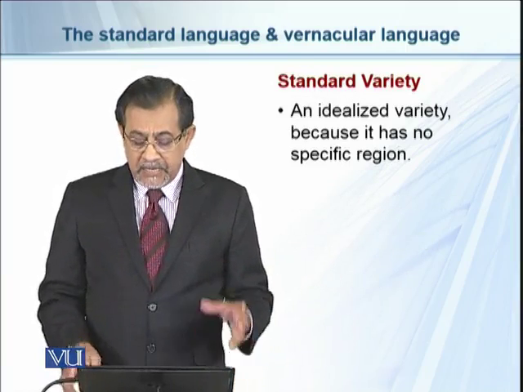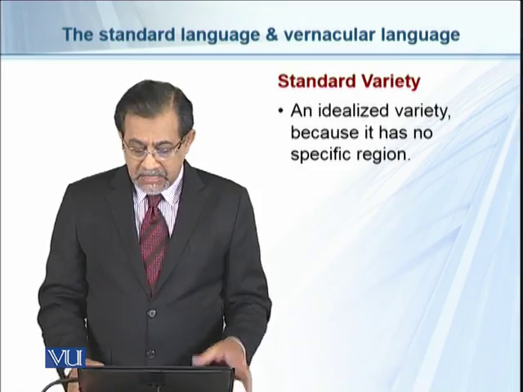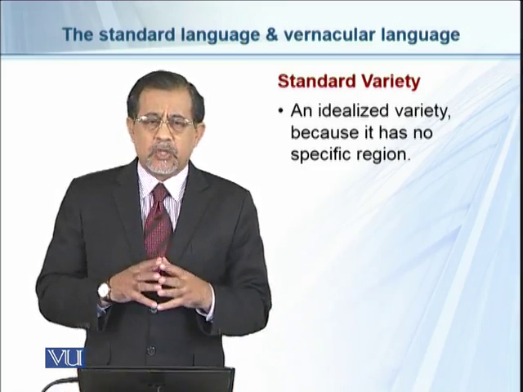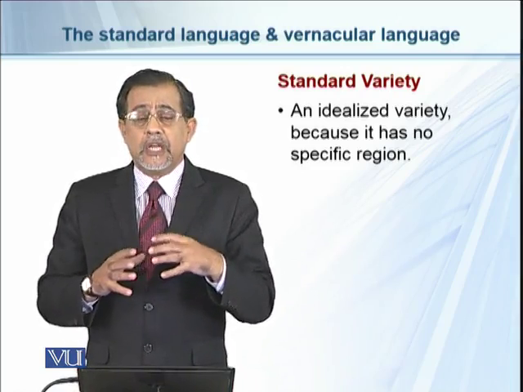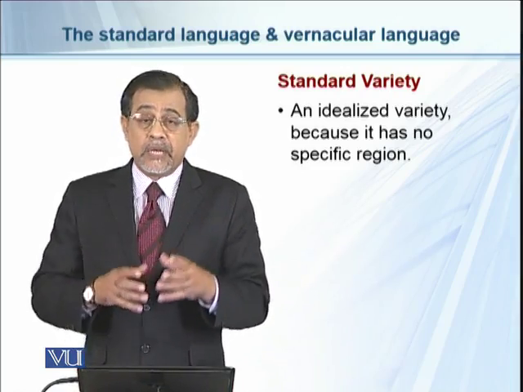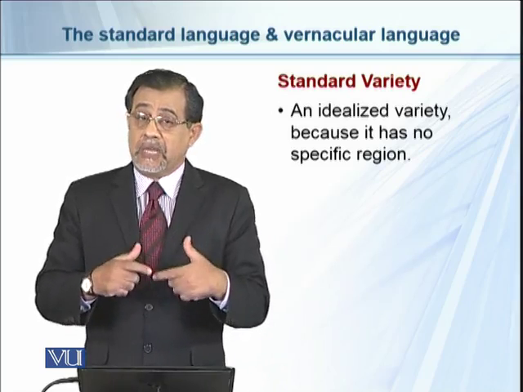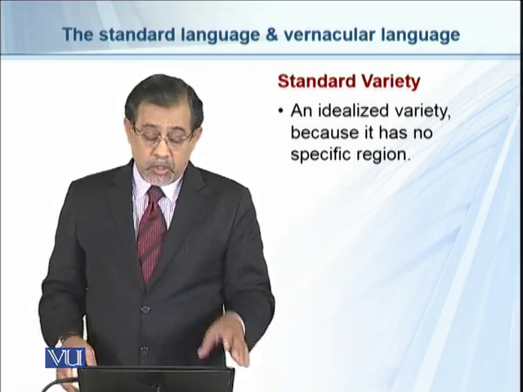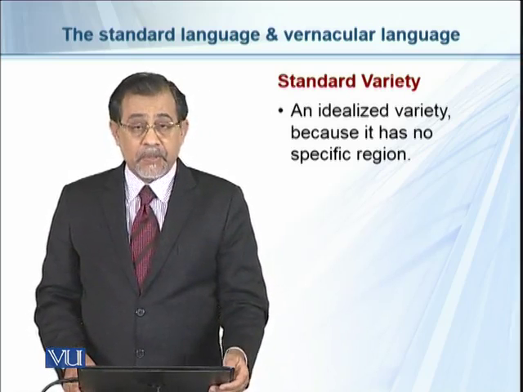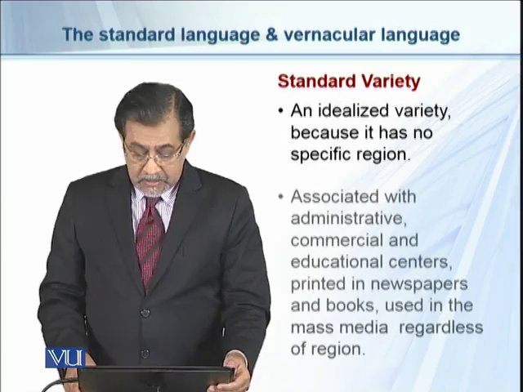Standard variety, it's an idealized variety because it has no specific region. So this is the type of variety which has no region, which is used anywhere in the world, and it is the same in one country or the other country. So standard variety is different from other varieties.